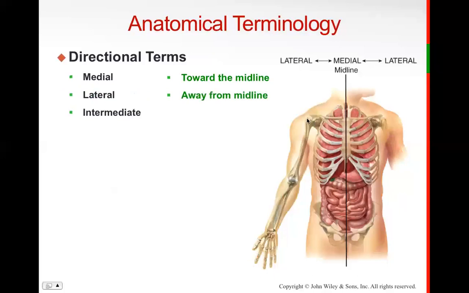Even the shoulder is going to be lateral to the sternum, for example. And then anything in between, such as the clavicle, is going to be intermediate to that. So between medial and lateral, okay? So again, you have to think about it not only in terms of the full organism, but also in terms of parts in relation to others, okay?